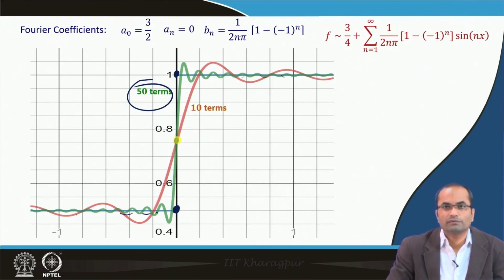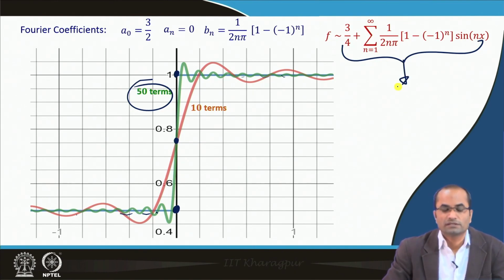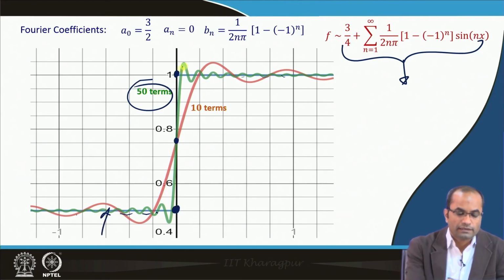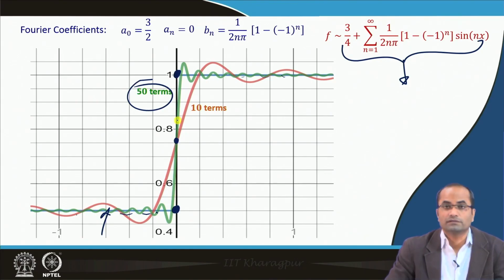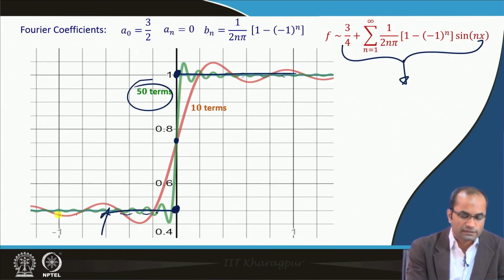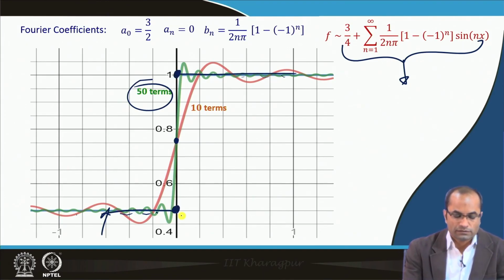So, it is not converging exactly to the given function f x at this point 0, because if we take more terms, from 0 onward it will match, and for less than 0 it will also match, but at 0 it always crosses in the middle.